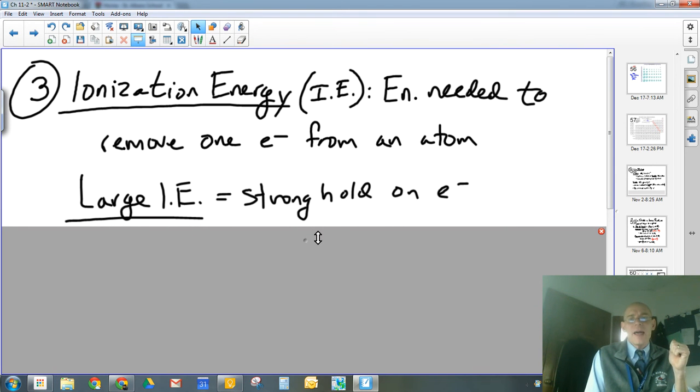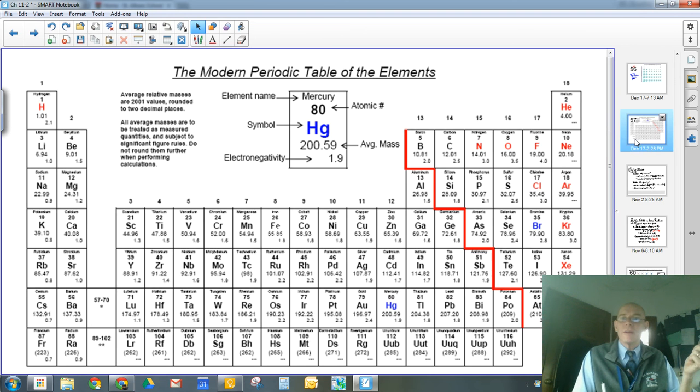So elements with large ionization energies are elements that have very strong holds on electrons, things that don't tend to give up electrons easily. So think in your mind for a second, what are the elements that don't ionize, that tend to not form ions? Look at the periodic table, and I hope you are thinking about the noble gases.